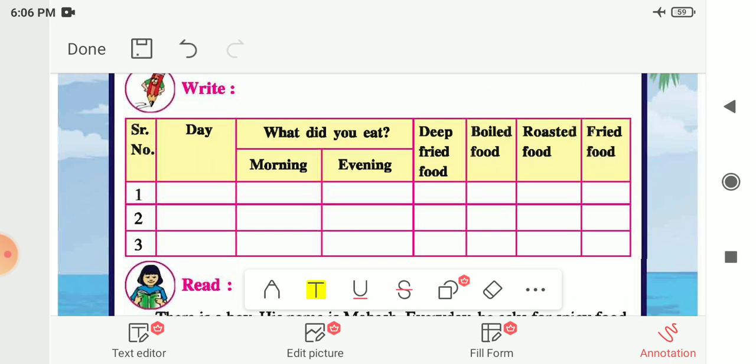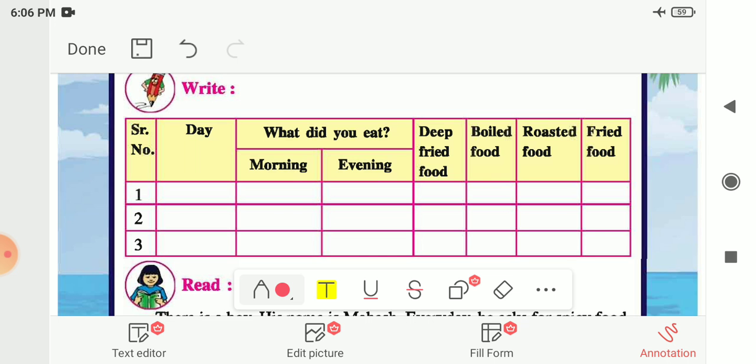You have to complete this table, and in this table you have to write about yourself. For 3 different days, you can start from these days only, write on which day what did you eat in the morning and what did you eat in the evening, and which method is used to cook this food.